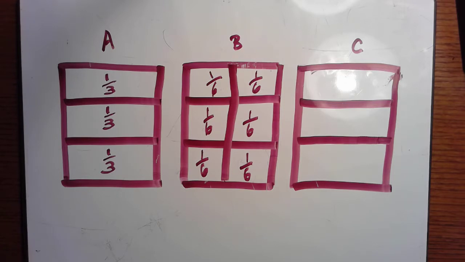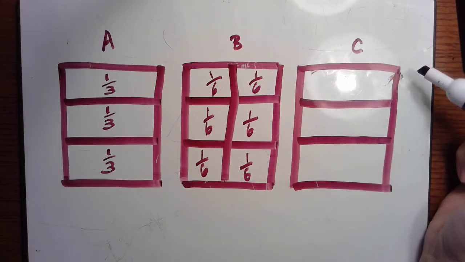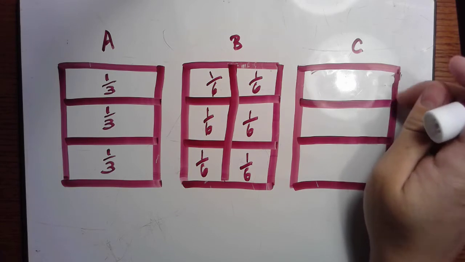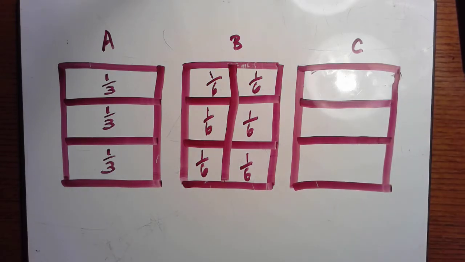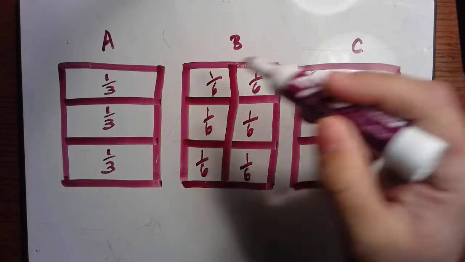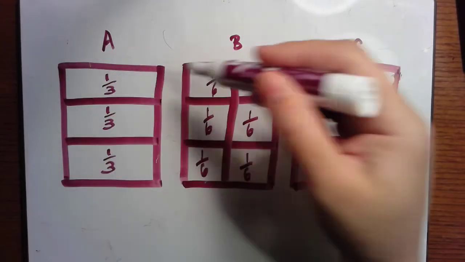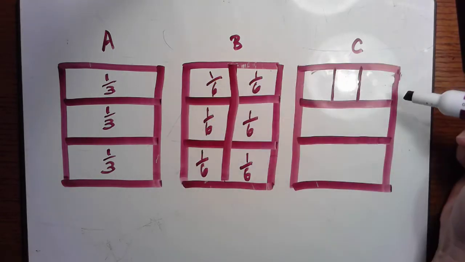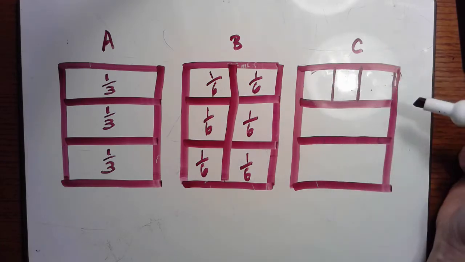Okay, so what about this third rectangle? I want to triple the number of units in rectangle C compared to A. I want to have 3 times as many units in C as in A. Triple the number of units in this rectangle. Well, if this was worth 1 unit, if I want 3 times as many, I would be splitting it twice, which gives me 3 parts.